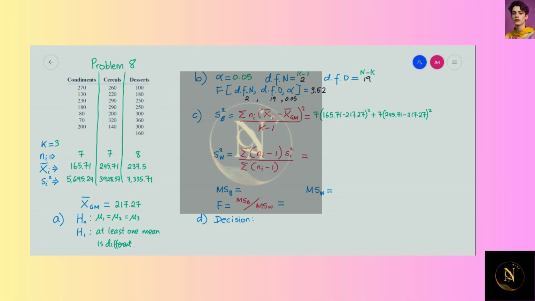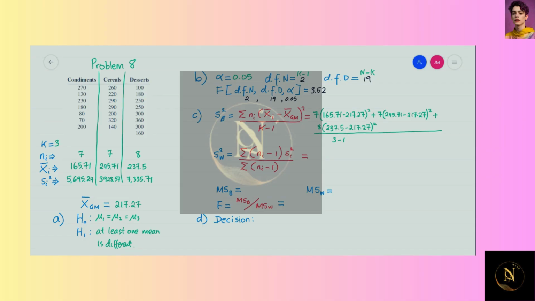And finally, we add that to the sample size of desserts, which is 8, multiplied by the mean, which is 237.5, minus the grand mean, 217.27. Then you square that, and all this should be divided by k minus 1, which is 3 minus 1.